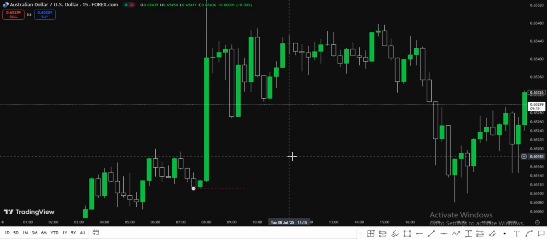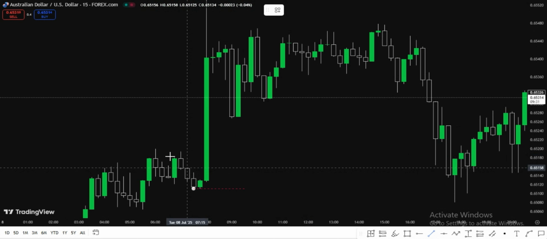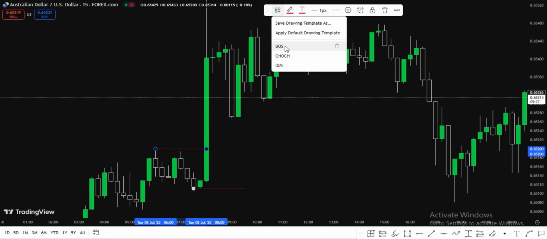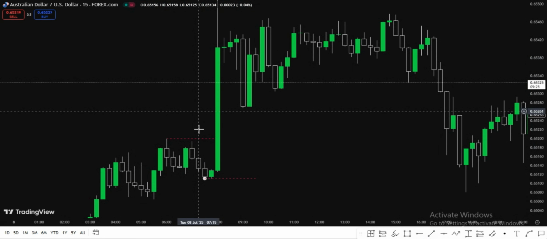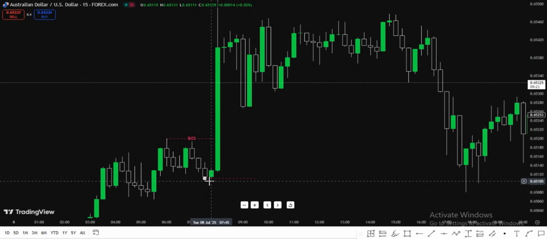Every valid pullback can be inducement. When can a valid pullback be inducement? After any breakup structure, like these, the market will make for us an inducement or valid pullback.